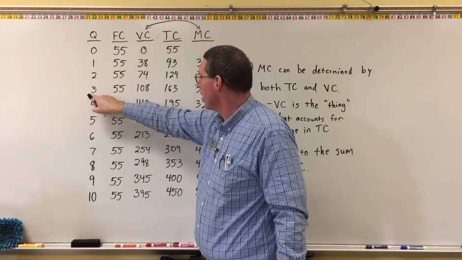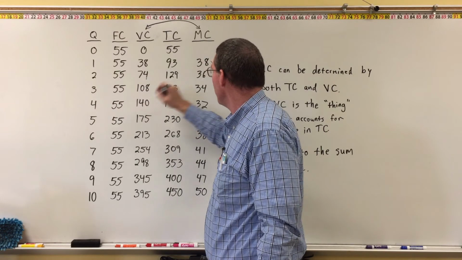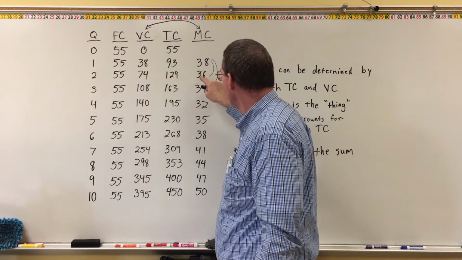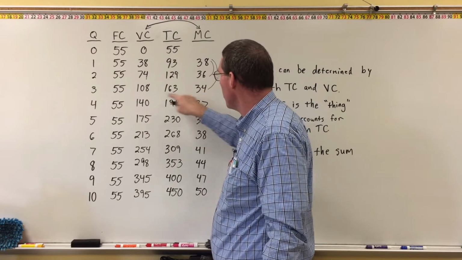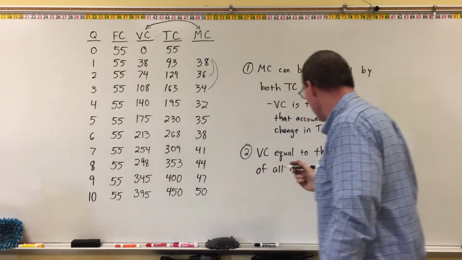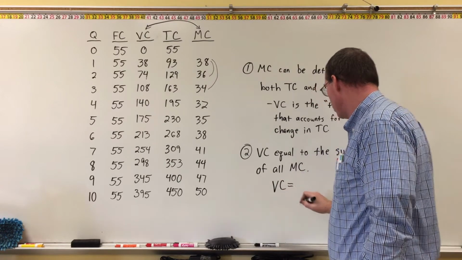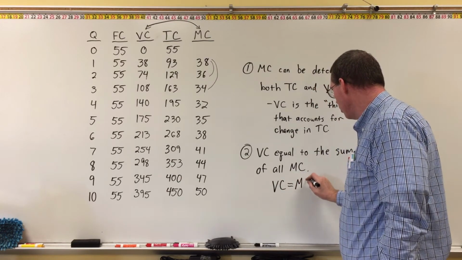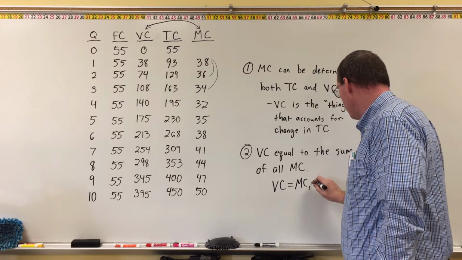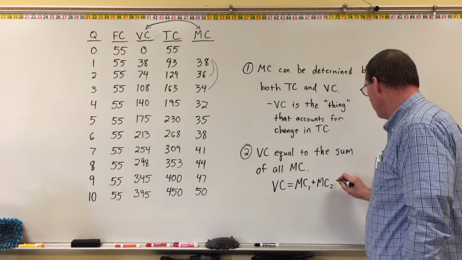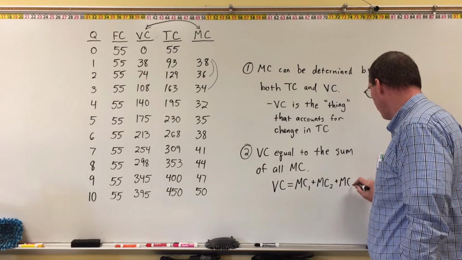If we want to know the variable cost of the 3rd unit, we can add up the first 3 marginal costs. 38 plus 36 plus 34 is equal to 108. And here's what I mean by that. That variable cost is equal to the marginal cost of the 1st unit plus the marginal cost of the 2nd unit plus the marginal cost of the 3rd unit.